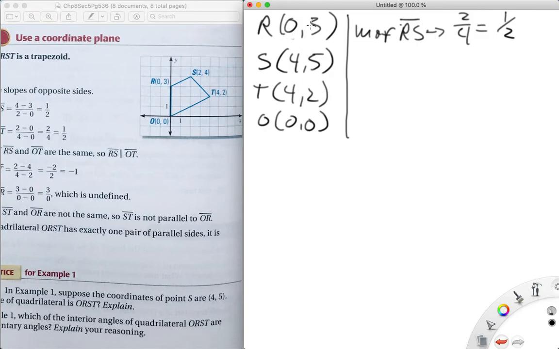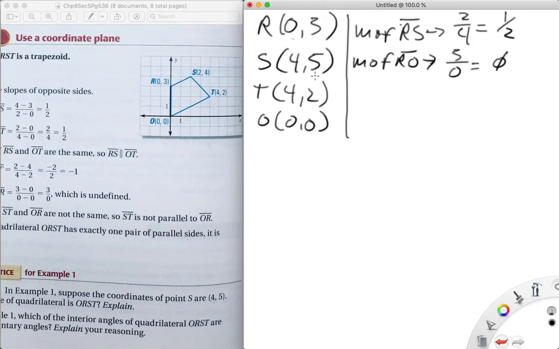Let's do the slope of RO. So R and O. 3 minus 0 over 0 minus 0. That's undefined. So we're dealing with a vertical line.